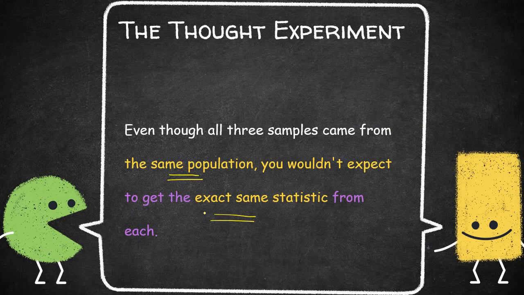It wouldn't be logical to think that so much similarity is to be found in the responses. Yes, responses would be there, but you could not expect exactly the same statistic. And this is quite logical.